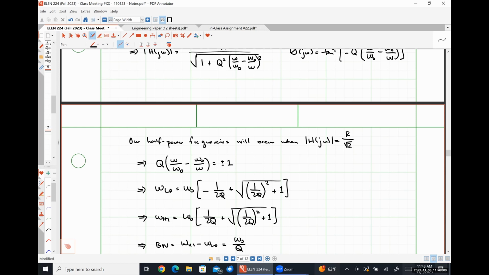So our relationships for our resonant frequency are the same. Our low frequency cutoff and high frequency cutoff are the same. Our bandwidths are the same in terms of omega naught and Q, right? So our bandwidth for our parallel RLC circuit is just going to be 1 over RC.